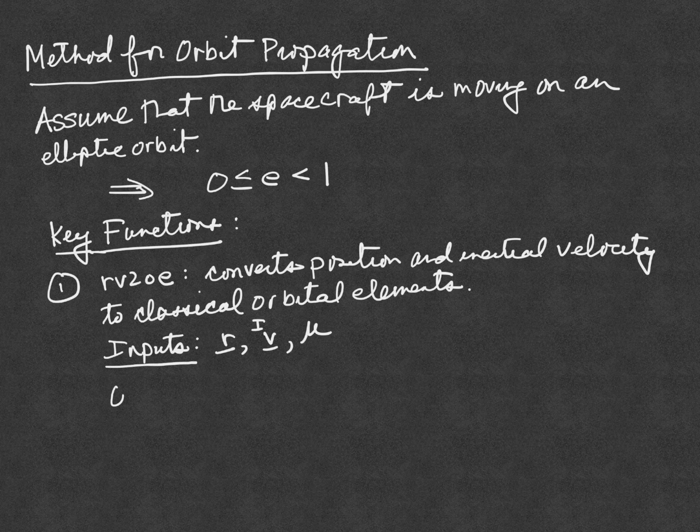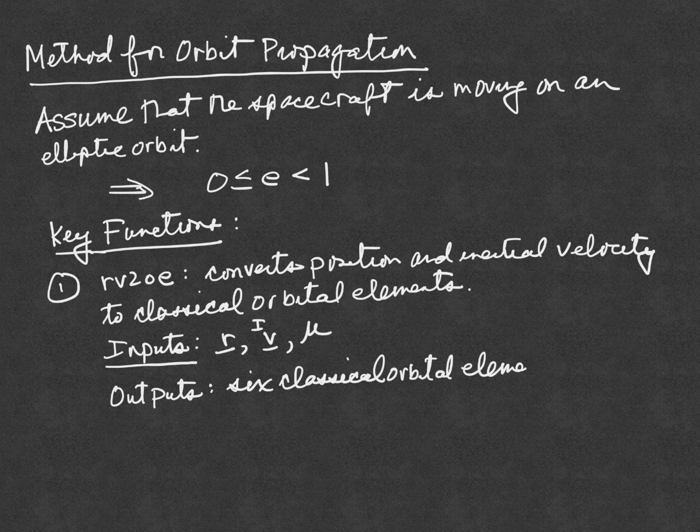The outputs of this function are the 6 classical orbital elements, and they are A, E, omega, I, little omega, and nu. So those are the outputs. Now, that function plays a key role in the development of this method.